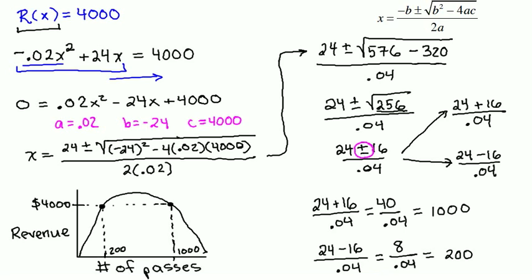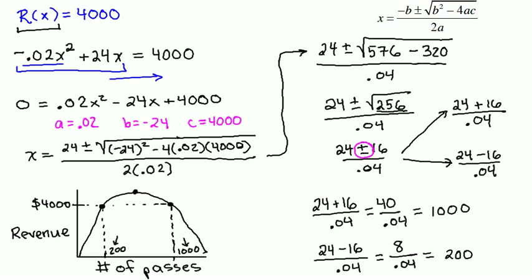So there is a peak point, which is what we're often interested in finding, but is not what this particular question is asking about. If we're a little bit smaller than the number of passes that would get us that peak, then maybe we're at this 200 here. Or if we have a greater number of passes than would give us that peak, we could actually see the same revenue for both of these inputs.